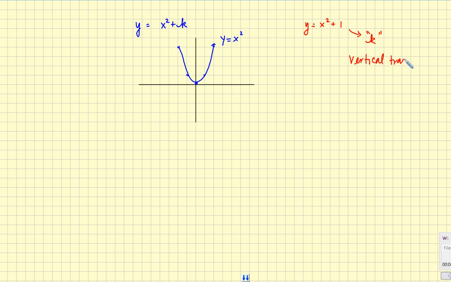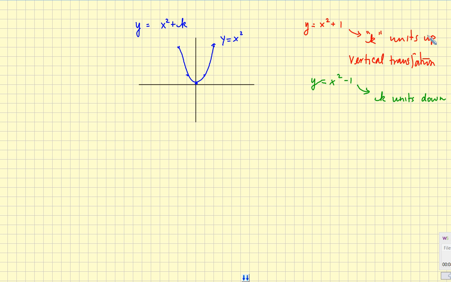We did this already in Chapter 7 when we talked about all the different transformations. So a vertical translation of k units up, or if it's -1, if this had been y equals x squared minus 1, it would have been k units down. And it's still a vertical translation, and this is k units up.